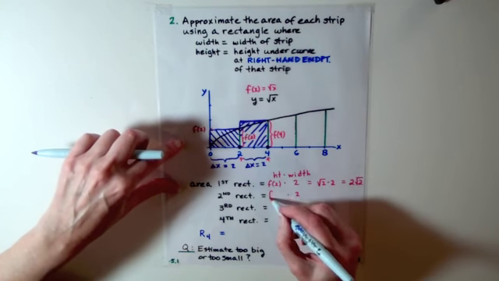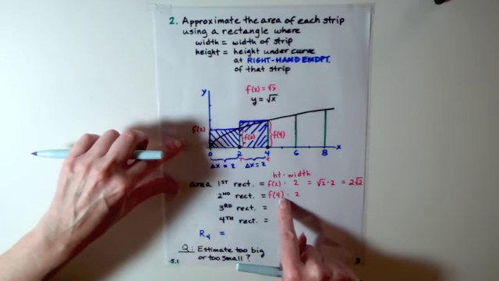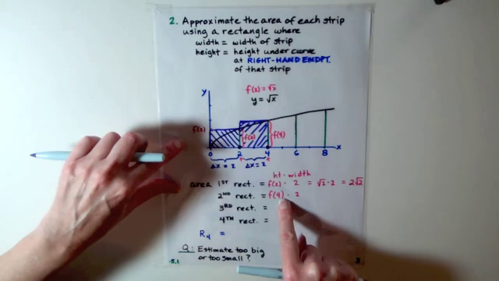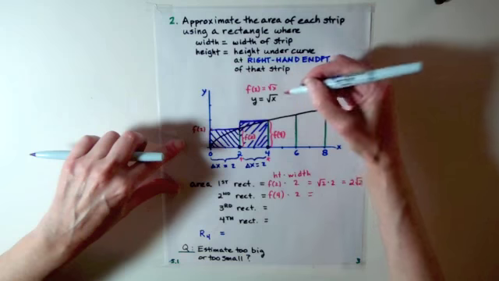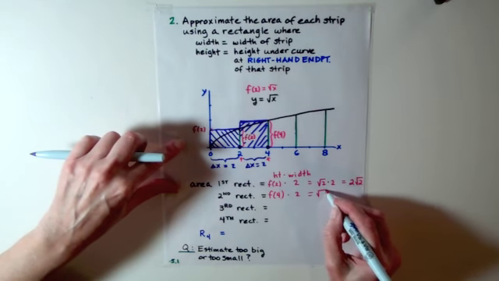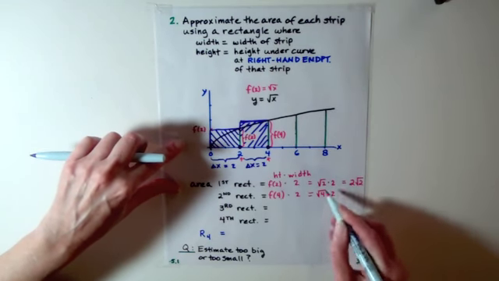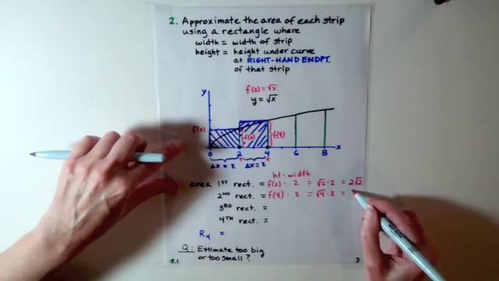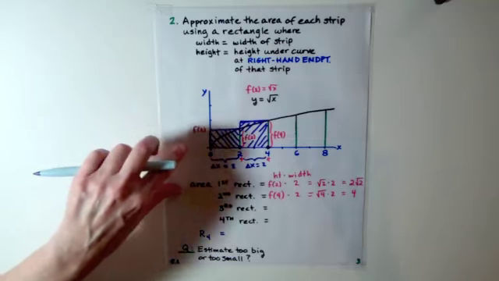So let me put that in here. For the second rectangle, I just do f evaluated at the right-hand endpoint of that second strip. And since my function is root x, I'm just going to get square root of 4 times 2. And actually that's a perfect square, so 2 times 2 I get 4. That's the area of my second approximating rectangle.